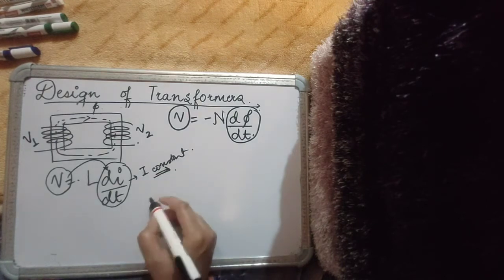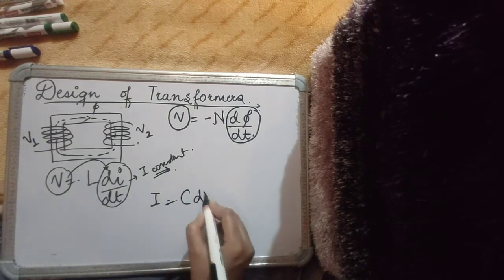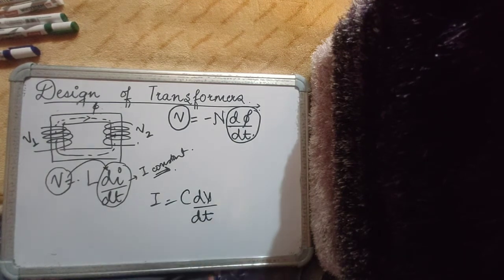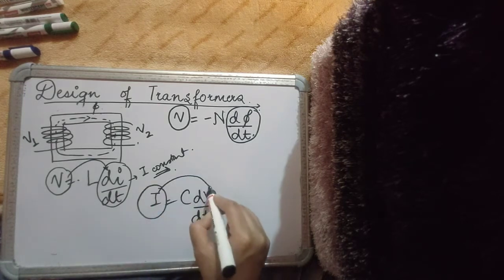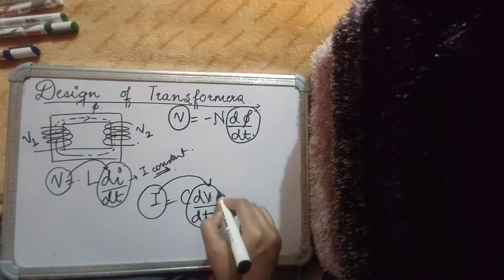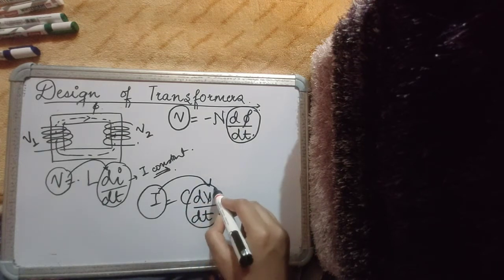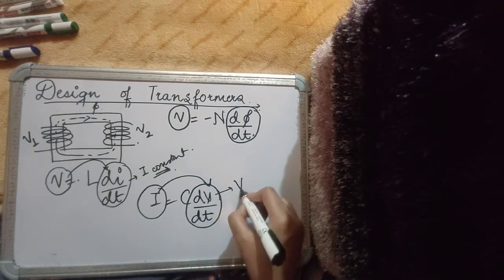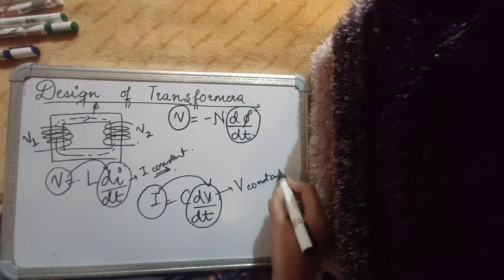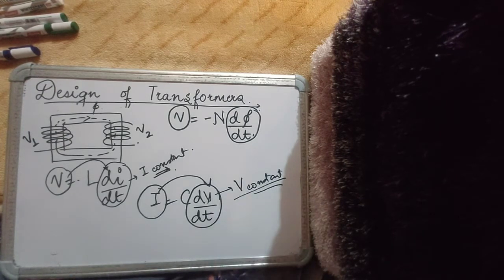Now, if you see it for capacitors, we know that I = C dV/dt, which means that a capacitor will draw current in or out of it in such a way that the voltage across the capacitor remains constant, or dV/dt is minimum, right?